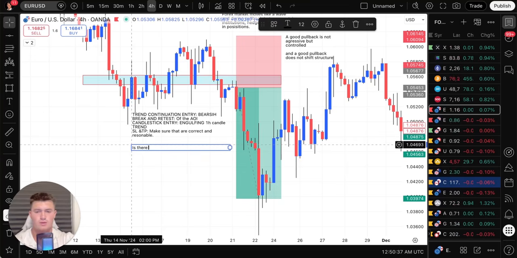Is there a clear trend? Is this a pullback, not a reversal?